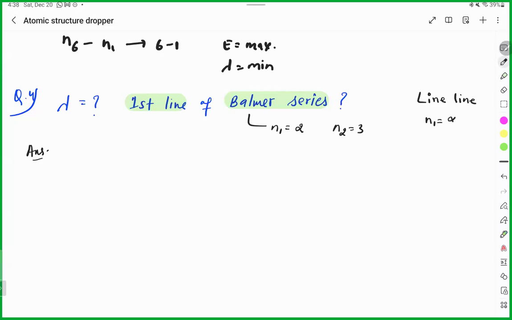N1 value? And N2 value? No, sir, we can take N1 as 2 and N2 as infinite. Exactly. Whenever it is given as last line, always take infinite.